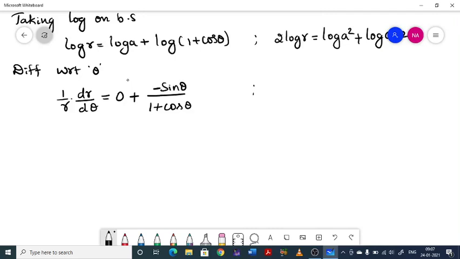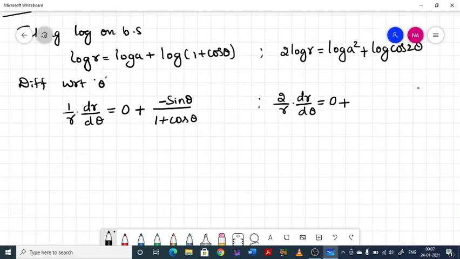Similarly, in this side, 2 log r, that will be 2 by r into dr by d theta equal to log a square on differentiation, that will be 0 plus this you have log cos 2 theta, right?